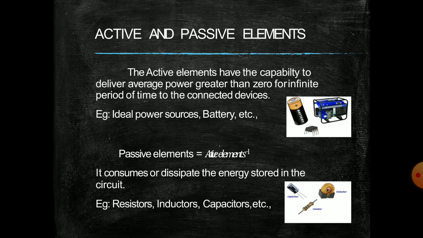If we take that family as an example, in the circuit family, voltage and current are the two parents, and inductor, capacitor and resistor are the children. The inductor and capacitor are female, and the resistor acts as a male.